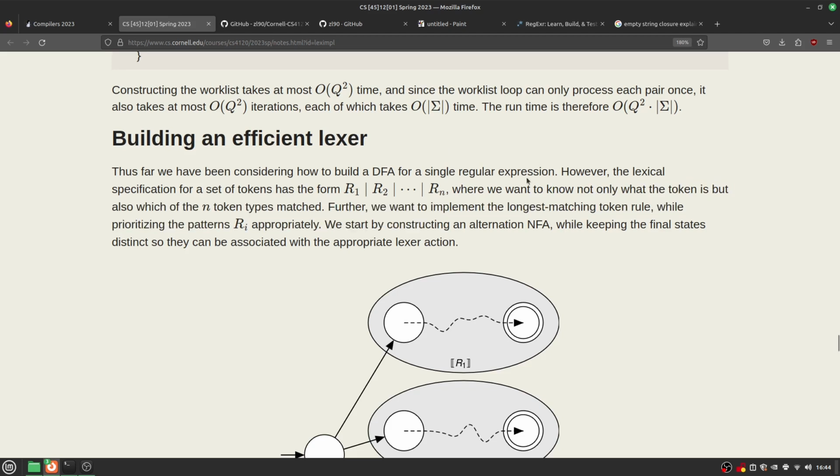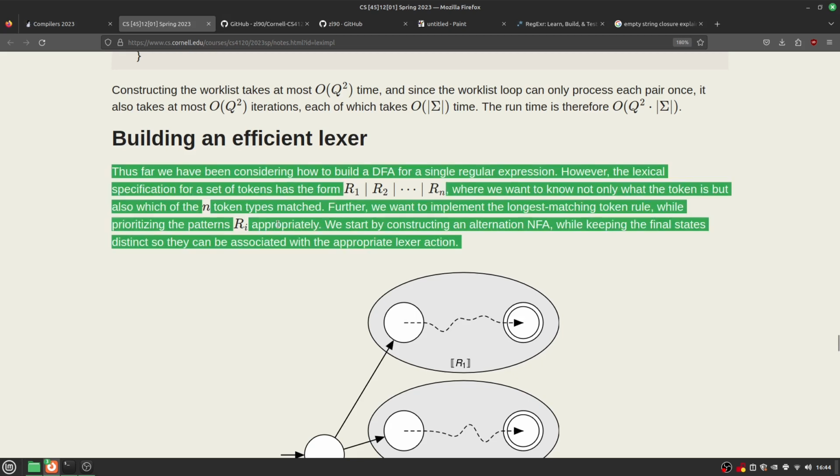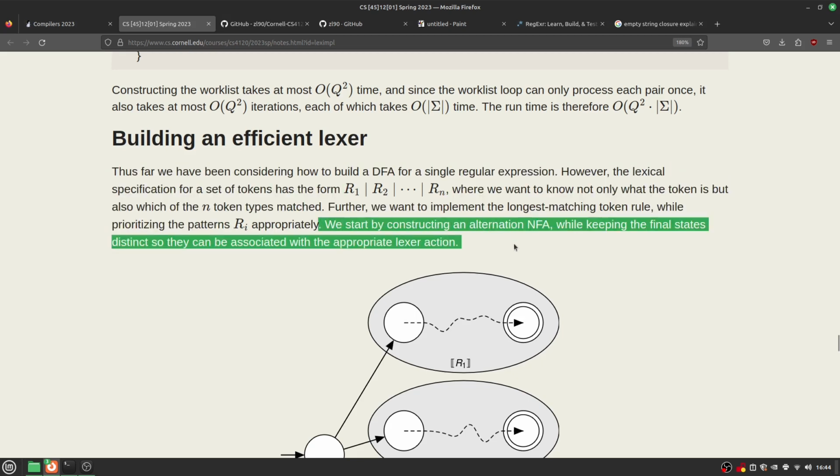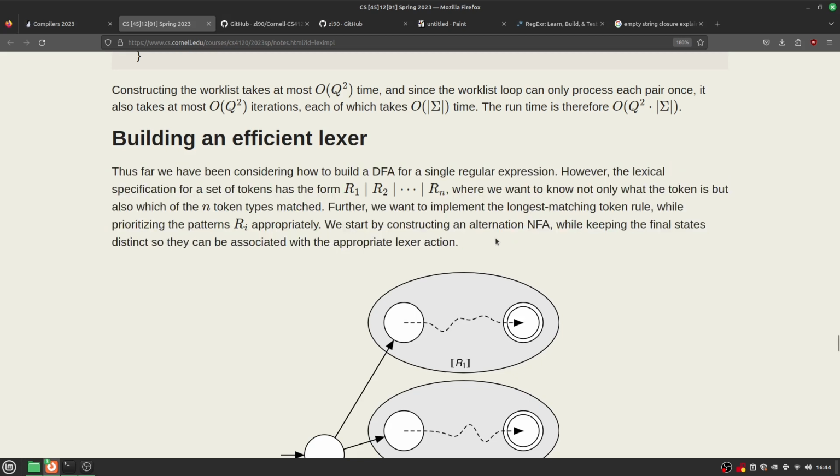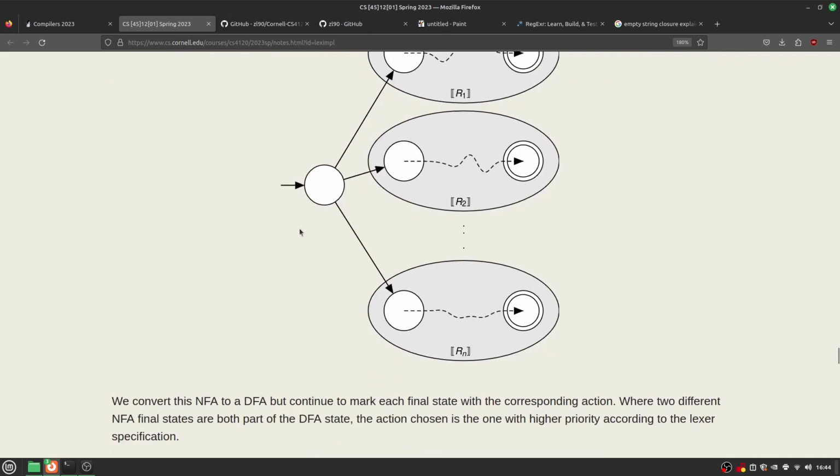Further, we want to implement the longest matching token rule while prioritizing the patterns regular expression i appropriately. We start by constructing an alternation NFA while keeping the final states distinct so they can be associated with the appropriate lexer action.